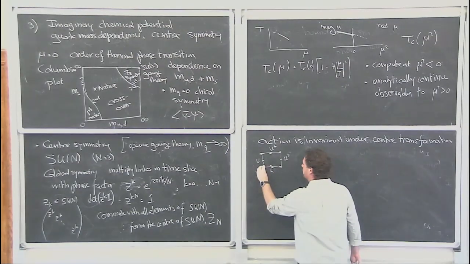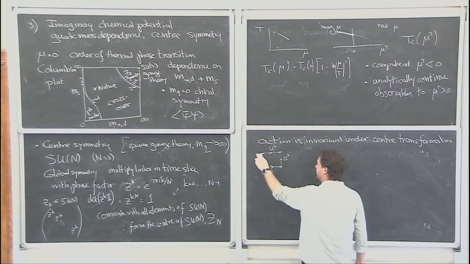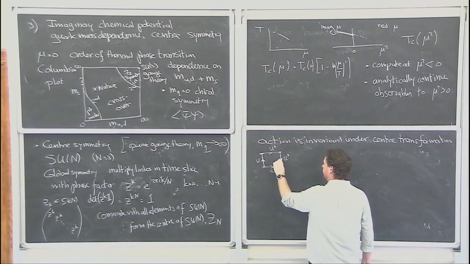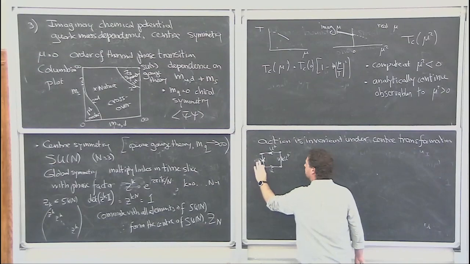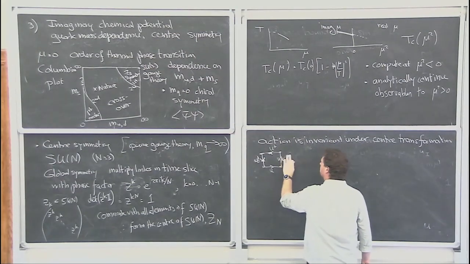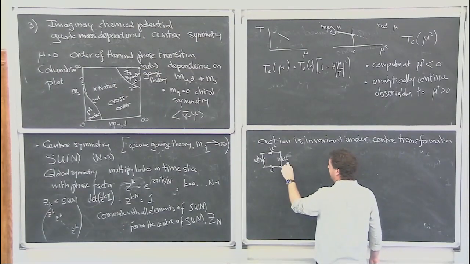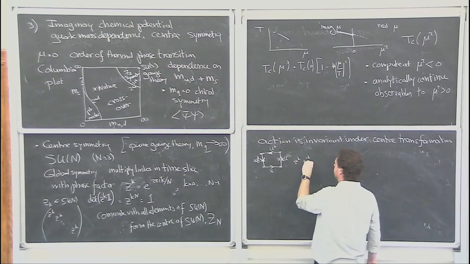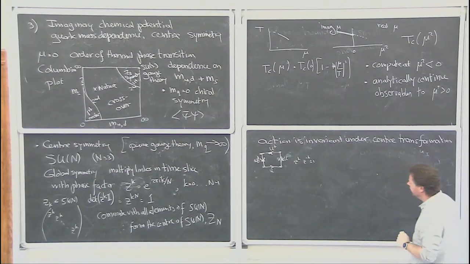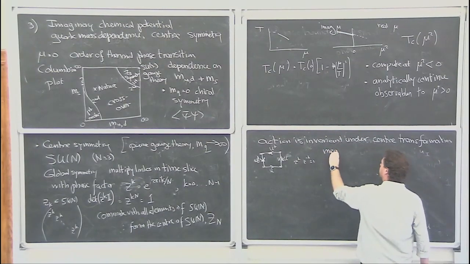The action is built out of these plaquettes. So if I multiply this link and this link, which actually goes in the opposite direction, let me put the arrows in the right way: up, up, down. If I multiply each link in a time slice, I have on this side a z to the k, but on this side I have a z to the minus k. So that's 1. So the action is invariant, and in the same way the measure in the path integral is invariant as well.